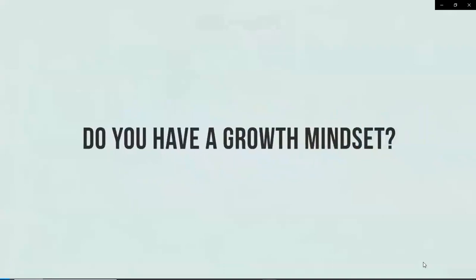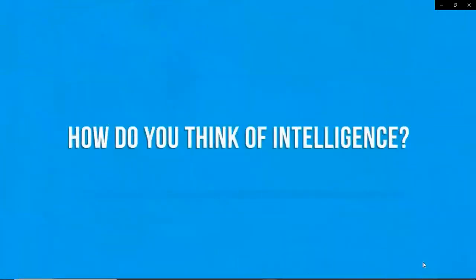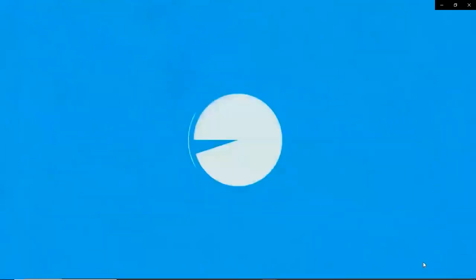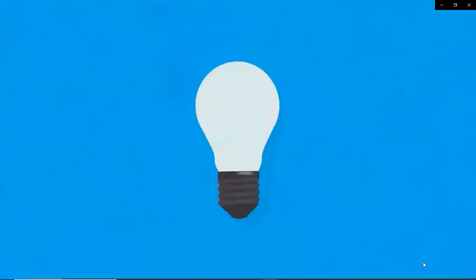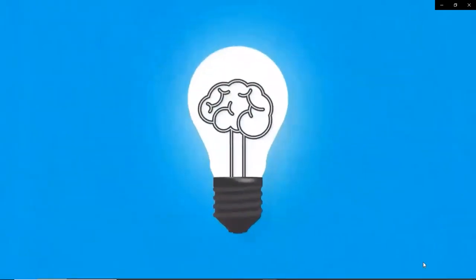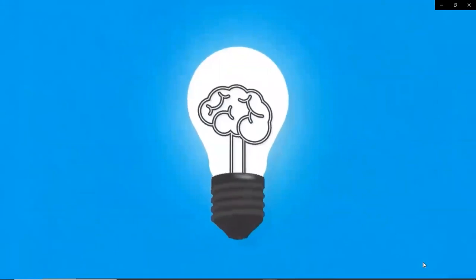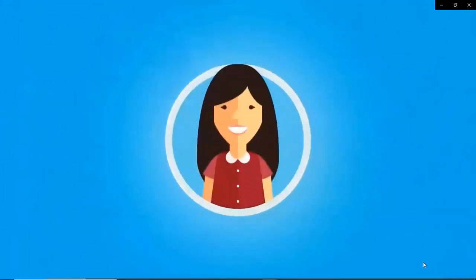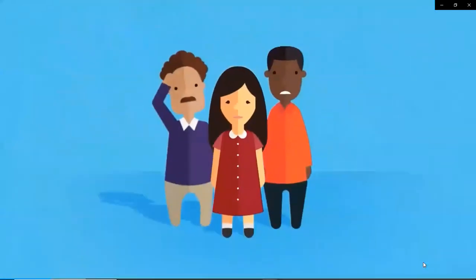Do you have a growth mindset? How do you think of intelligence? Do you think you're born with a certain level of intelligence that you can't change much? Or do you think it's something you can work on to develop and grow? Many students think that their level of intelligence is fixed, that they can't do much to change it.